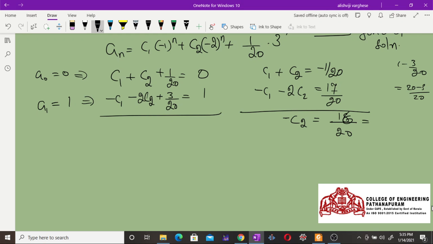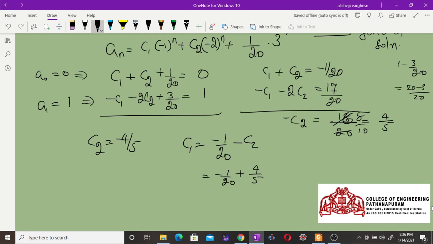So it's equal to 8 by 10, or 4 by 5. Minus c2 is equal to 4 by 5. So c2 is equal to minus 4 by 5. When c2 is equal to minus 4 by 5, c1 is equal to, from here, minus 1 by 20 minus c2, is equal to minus 1 by 20 minus of minus 4 by 5.